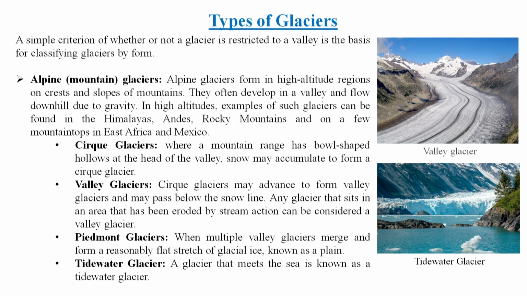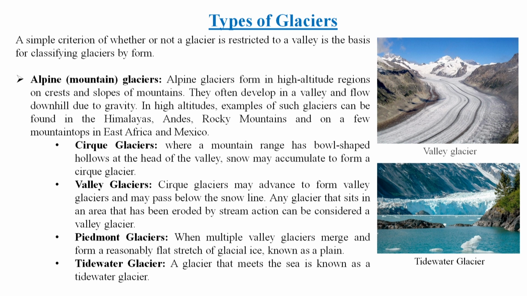Then you have your Piedmont glacier, where multiple valley glaciers merge and form a reasonably flat stretch of glacial ice, known as a plain. And also you have this example of a tidewater glacier from this field photograph. Again you can see a glacier that meets the sea is known as a tidewater glacier. So remember, I discussed the base level and ultimate base level of erosion when we discussed streams and rivers.